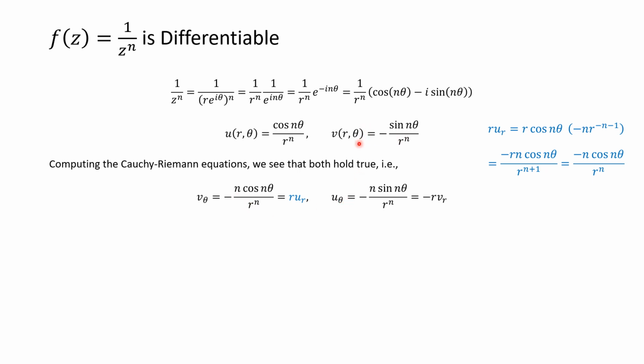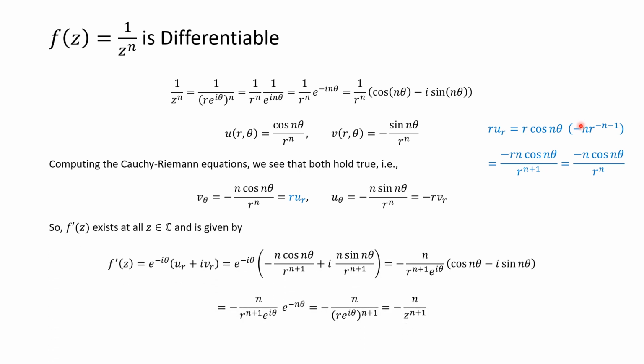Then you do the same for u with respect to theta. You get minus n sine of n theta over r to the n. And then you need to take minus r times the partial of v with respect to r. And it's similar to this computation. I won't do that again, but you can do that as an exercise if you like.